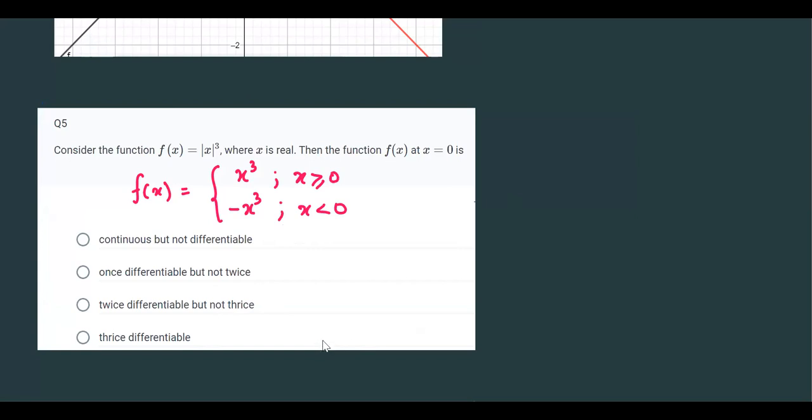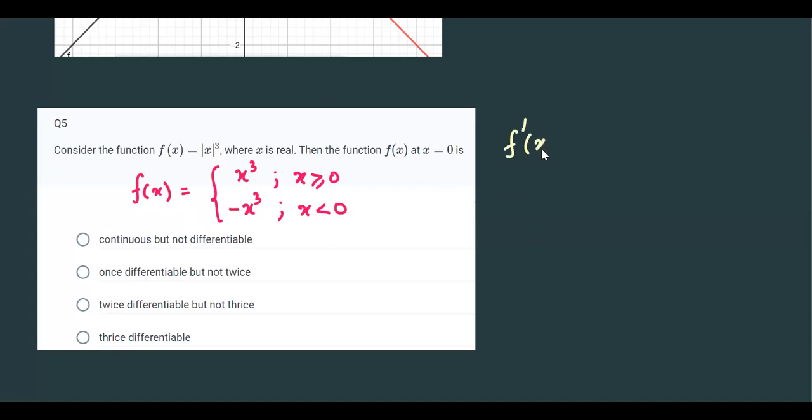So this function f of x is equal to modulus of x cube, is equal to x cube when x is greater than 0 and is equal to minus x cube when x is less than 0. Now, a trick to do this is this.